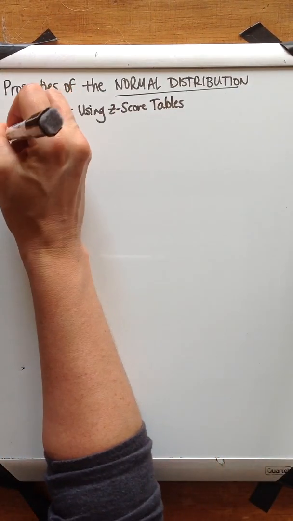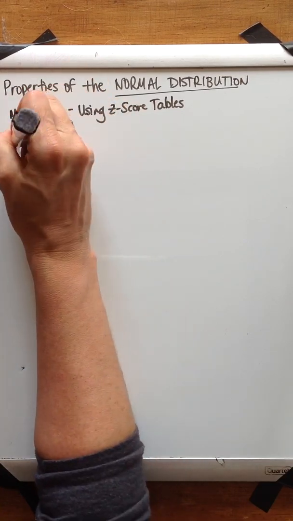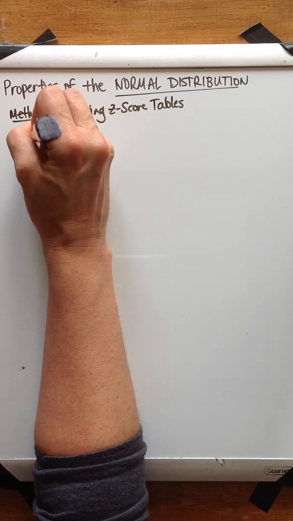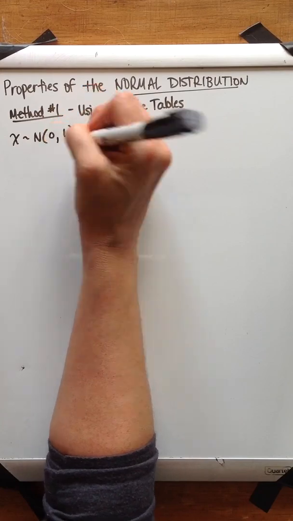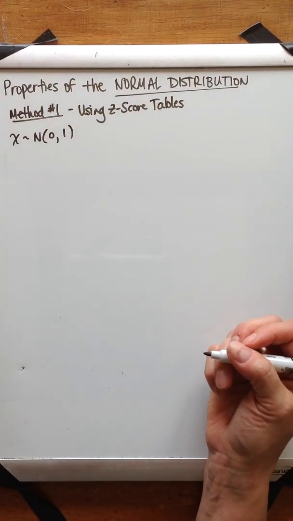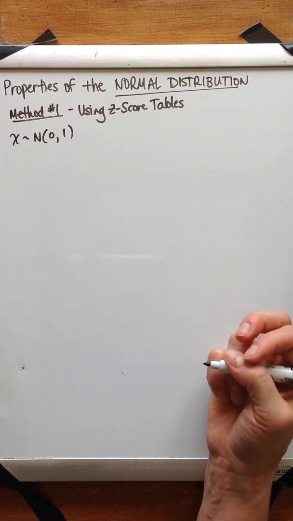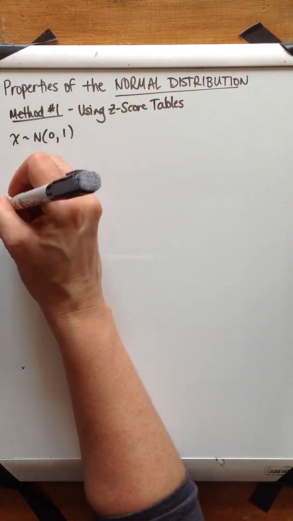Let's say that for our first example, you have a random variable that is normally distributed, so we can write it like this, with a mean of 0 and a variance of 1. Let's find out the probability for x being less than or equal to 1. Now before I do that, I kind of want to sketch out what this is going to look like.